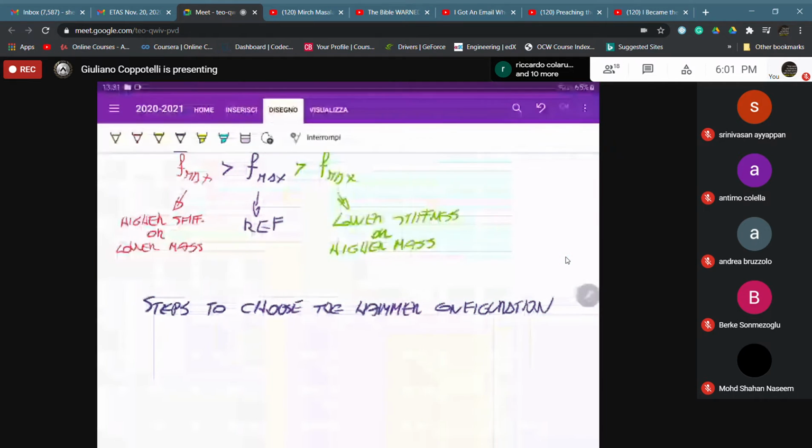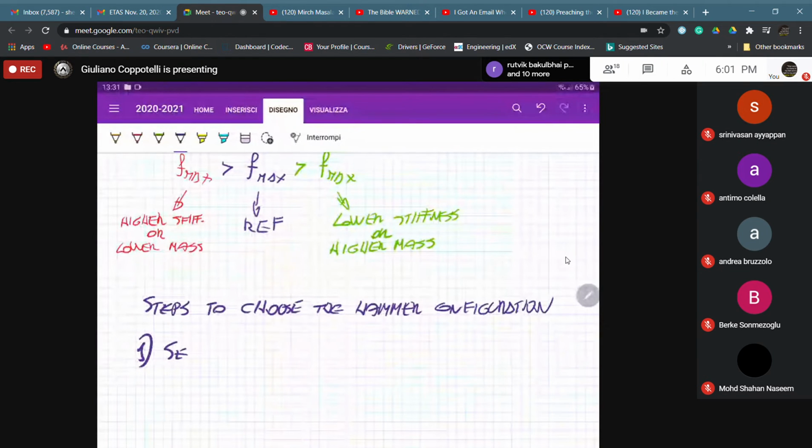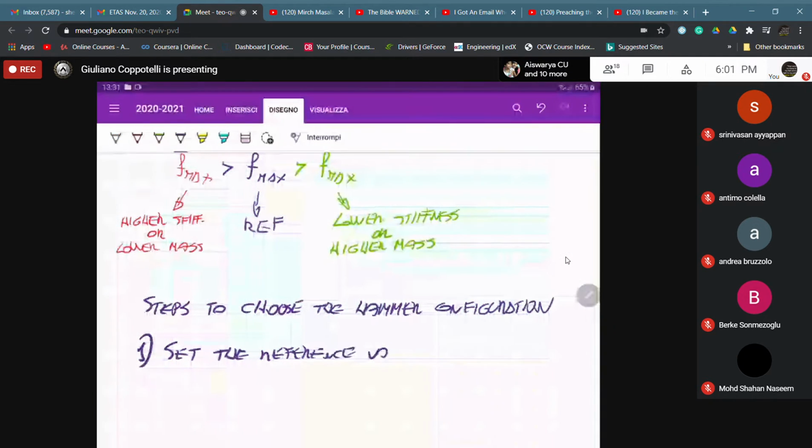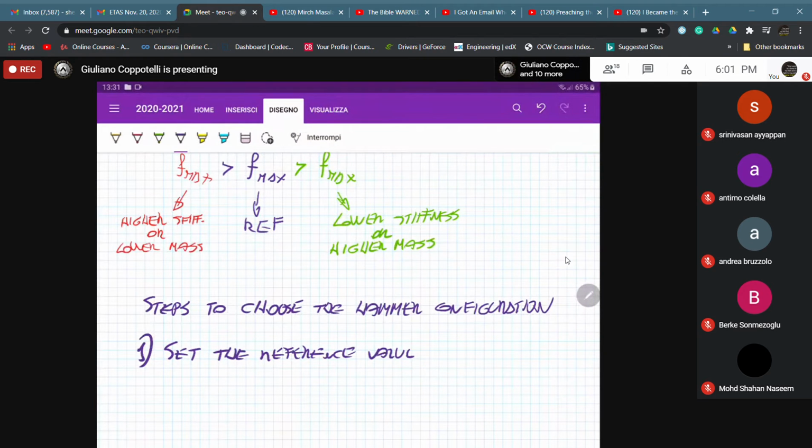The first step is to set the reference values of K and M, that is the stiffness and the mass hammer parameters.